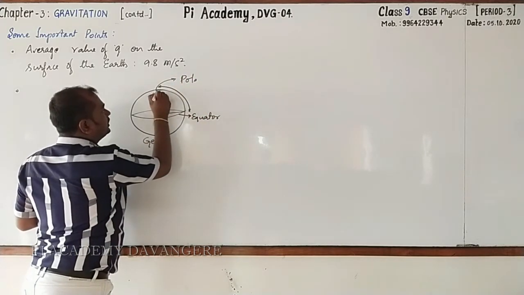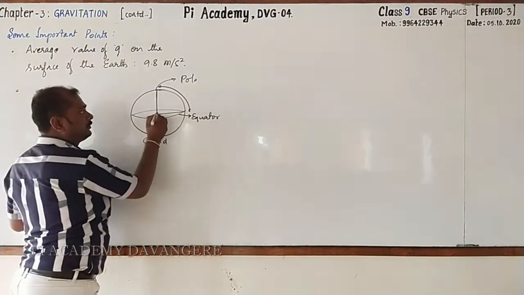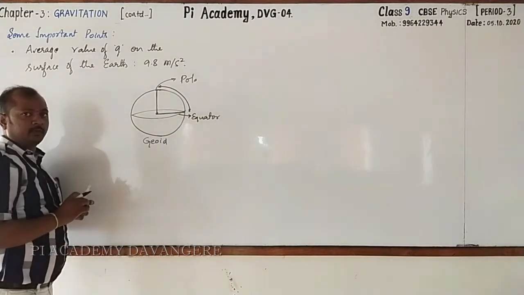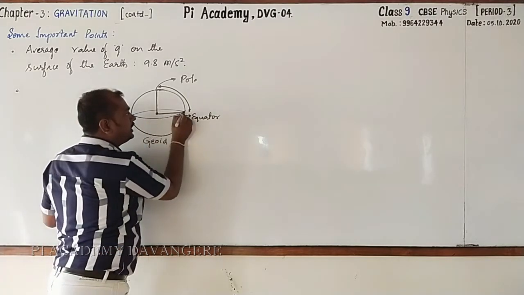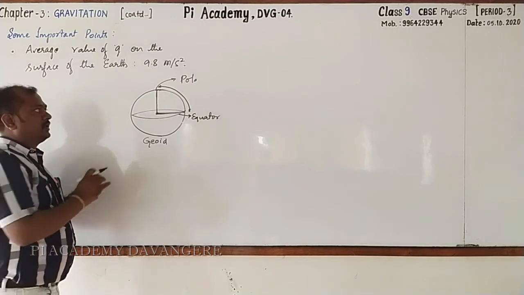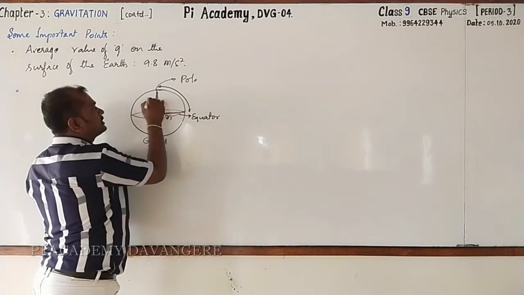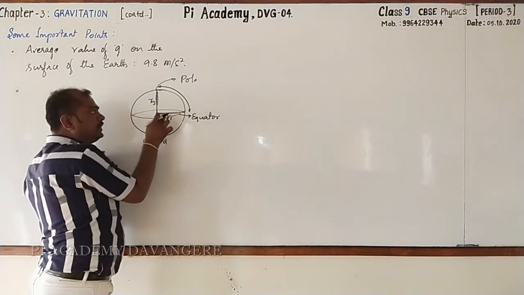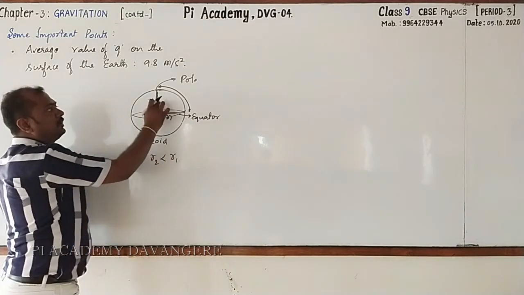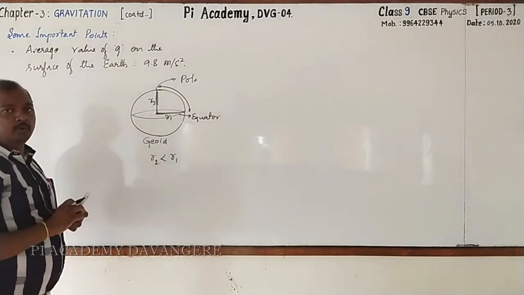The distance of the surface of the earth from the center is maximum at the equator, right? As the radius increases, what will be the value of g? g decreases. You may take this as R1 and this as R2, and R2 is smaller than R1. Therefore, the value of g is maximum at the poles.